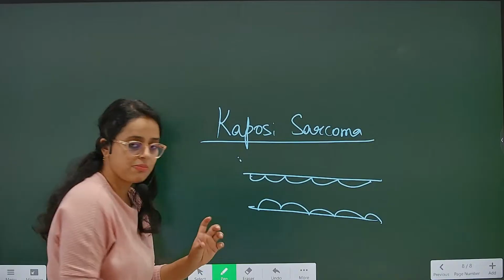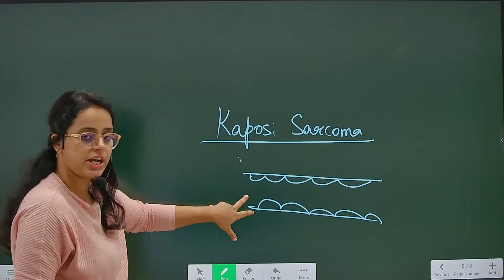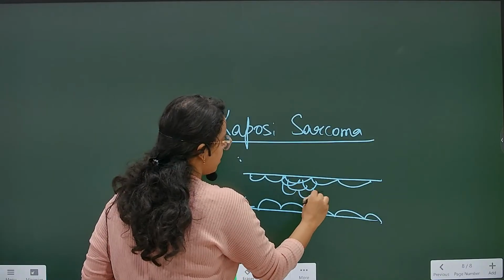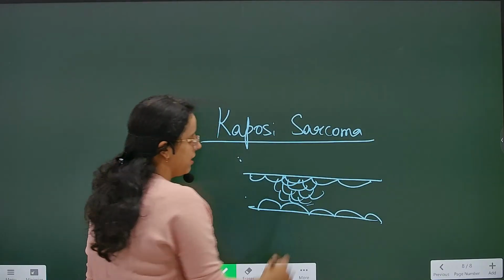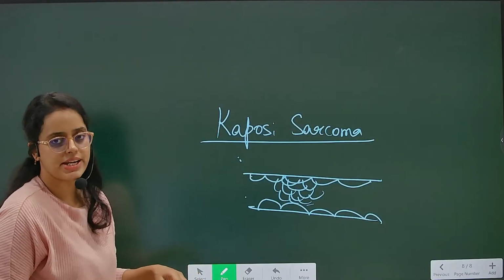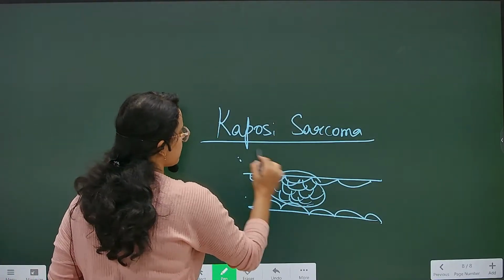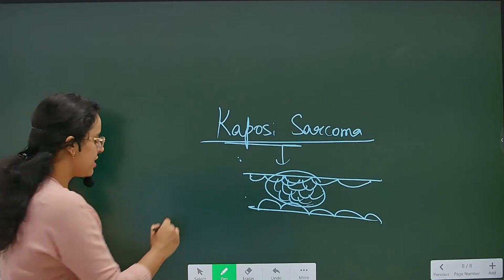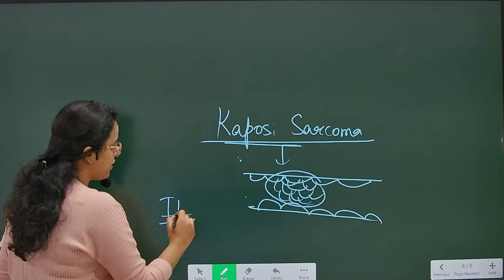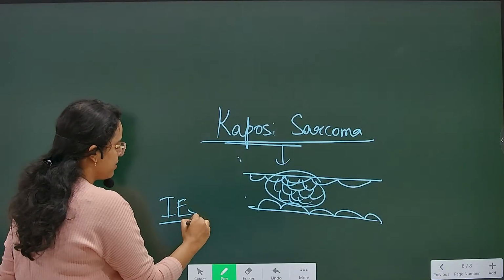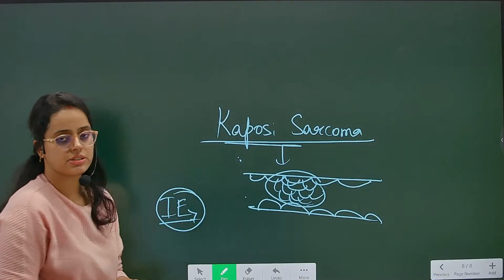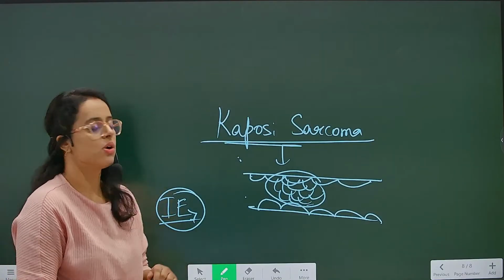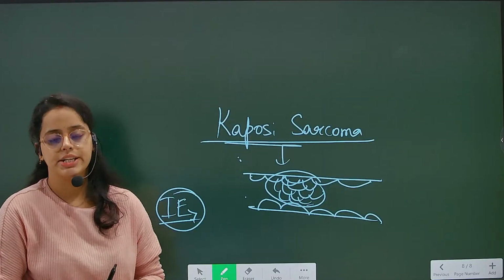The endothelium of the blood vessels forms an abnormal tumor, which prevents the flow of the blood. This Kaposi sarcoma is prevented in AIDS patients by giving artificial interferon 7 to the patient. So the cases of Kaposi sarcoma in AIDS patients have been reduced because of the injection of interferons.